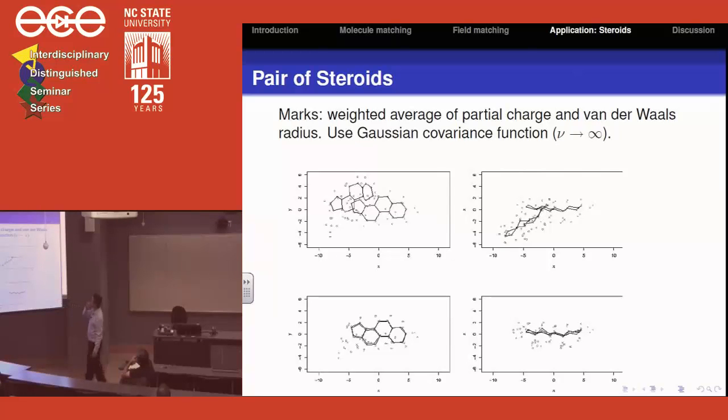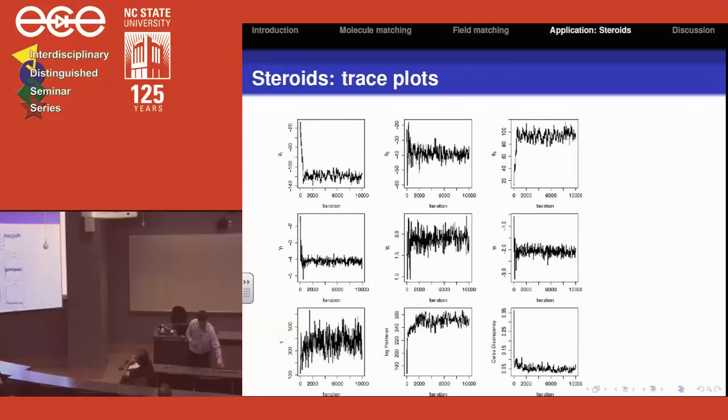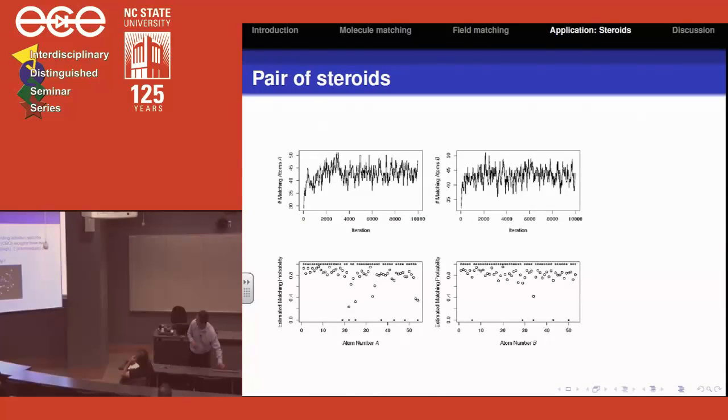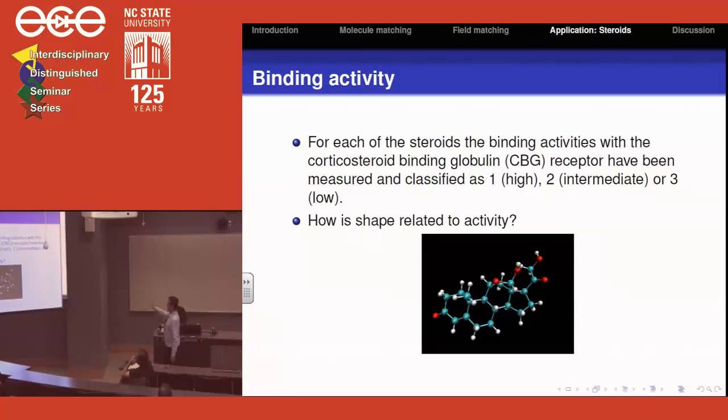So I used this Gaussian covariance function and did the MCMC, and it actually does work reasonably well, and I'll carry on through that. And then I want to see if I can see shape similarities between the high, intermediate, and low binding affinity to this protein, this corticosteroid binding globulin receptor.